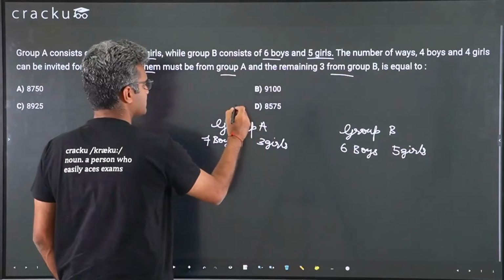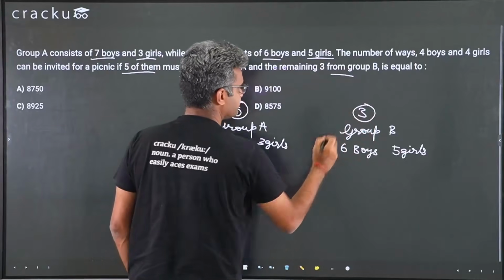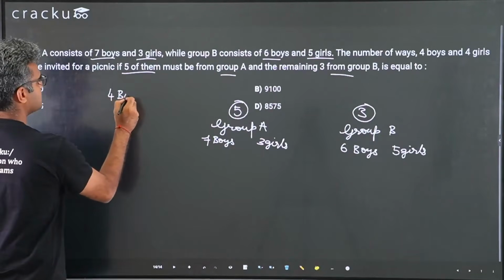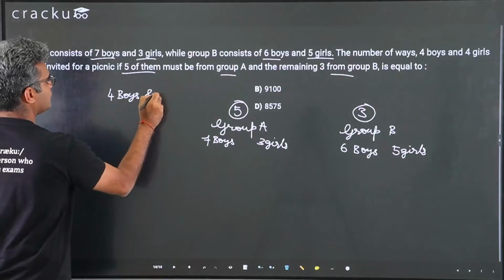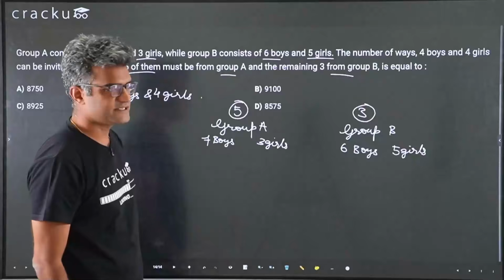Now we need to pick 5 people from group A and 3 people from group B. And we also need 4 boys and 4 girls. In how many ways can this be done?